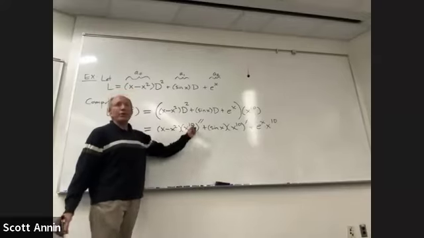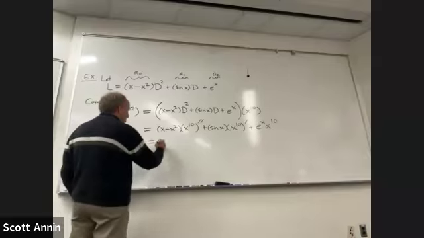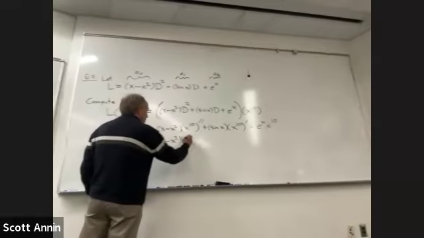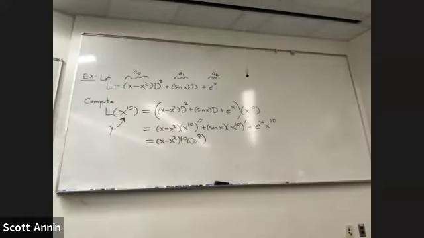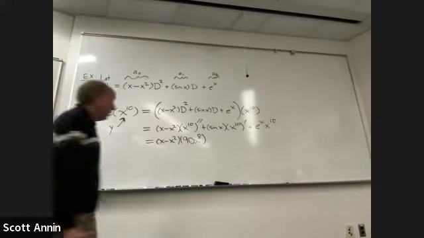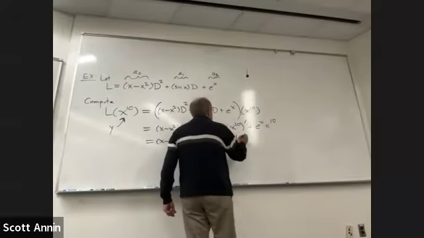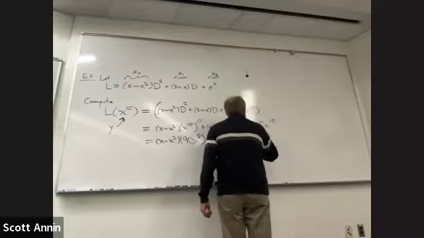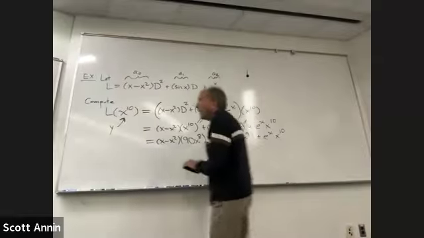And I'm going to do 2 derivatives of x to the 10th for you really quickly. It just turns into, I believe, 90 times x to the 8th. You take 2 derivatives of x to the 10th using the power rule. Plus sine of x times 10x to the 9th. And then plus e to the x times x to the 10th.